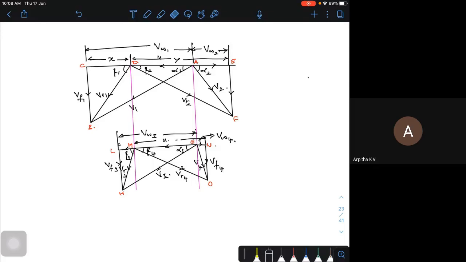So there is an expression for it. What we'll do is we'll try to get the expression for it.